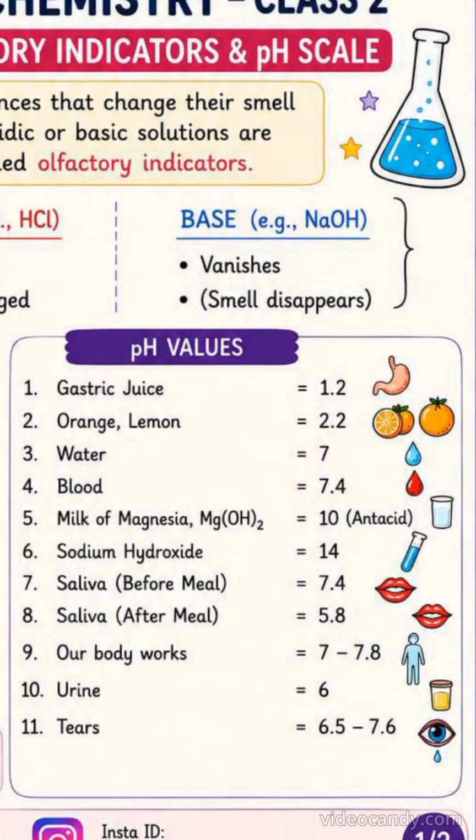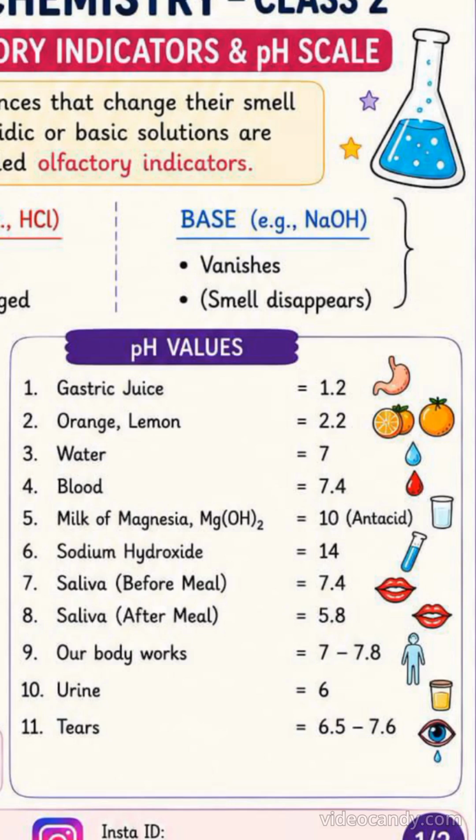It is used as an antacid. Sodium hydroxide, which is a strong base, has a pH value of 14. Saliva before a meal is 7.4. Saliva after a meal is slightly acidic in nature, due to which its pH value changes to 5.8.